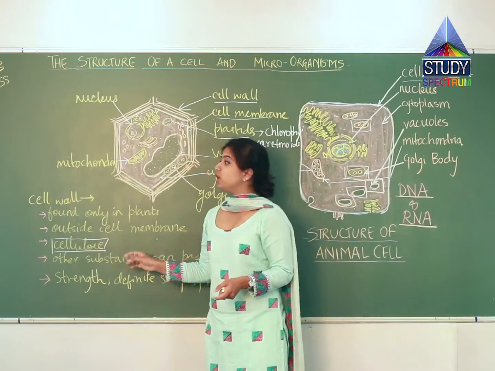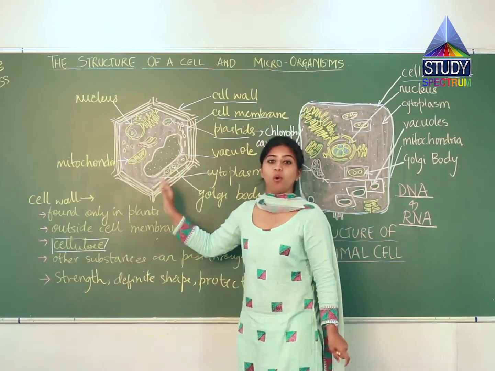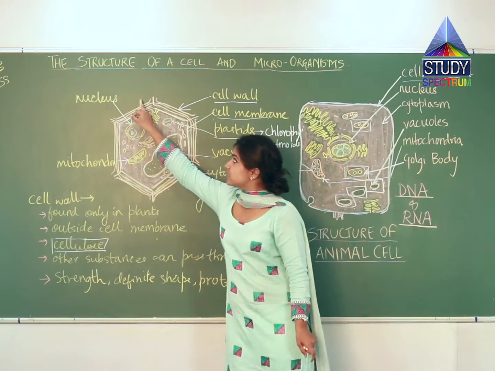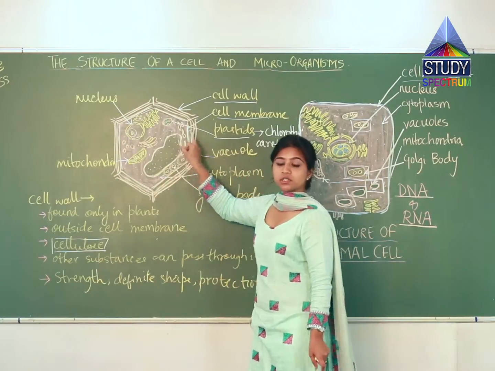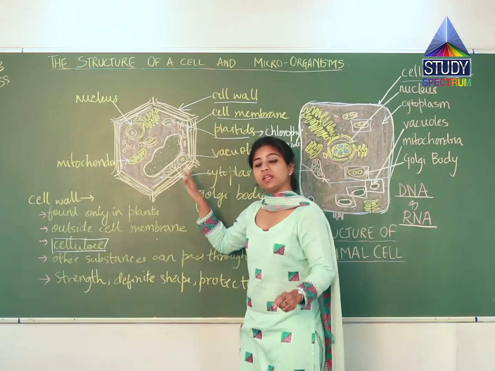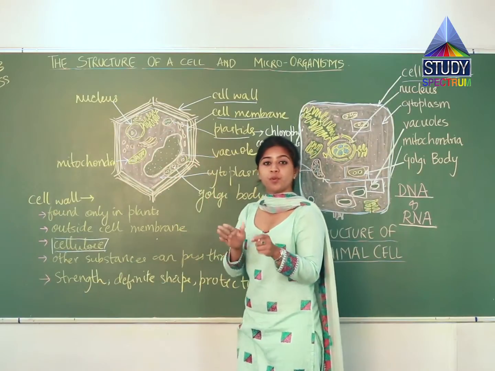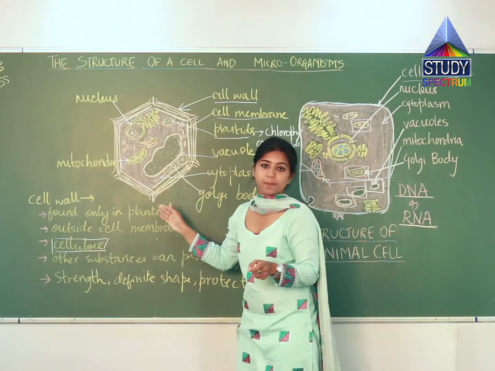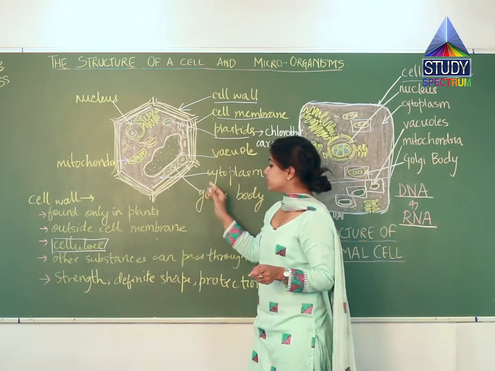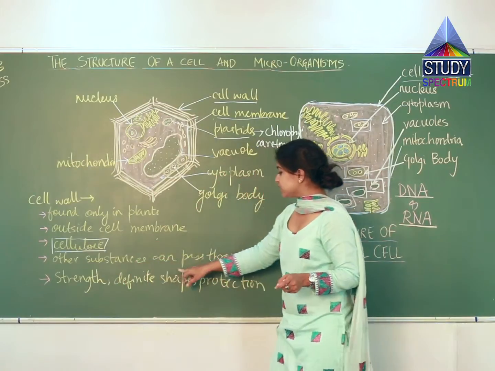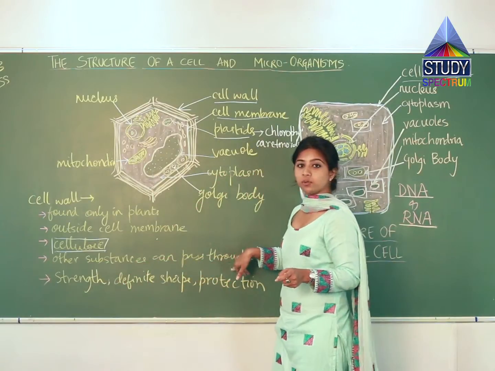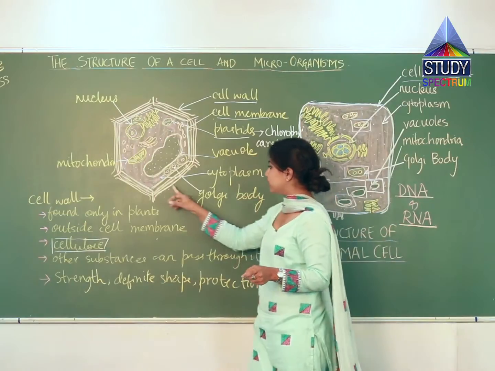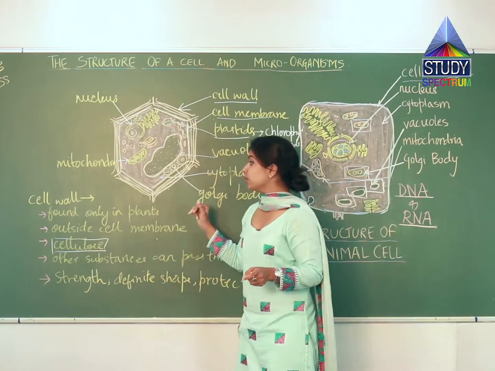Summarize about the cell wall. We learned that the cell wall was found only in plants. That is, this rigid cellulose structure is found only in plants, and it is responsible for providing protection to the plant and giving it its definite shape and rigidity. We also learned that there are other substances that can pass through the cell wall in and out.